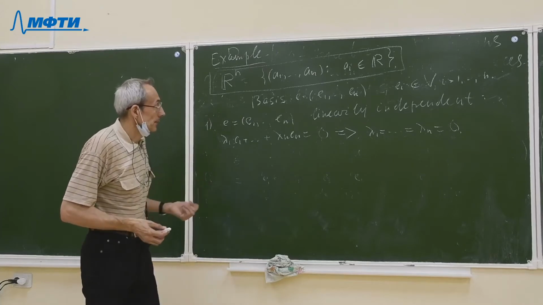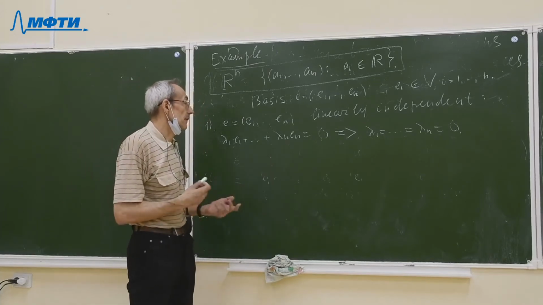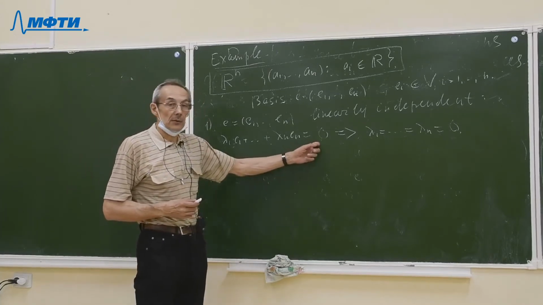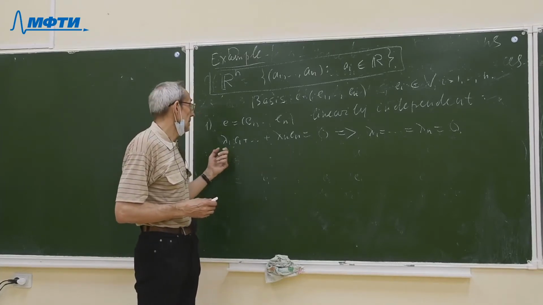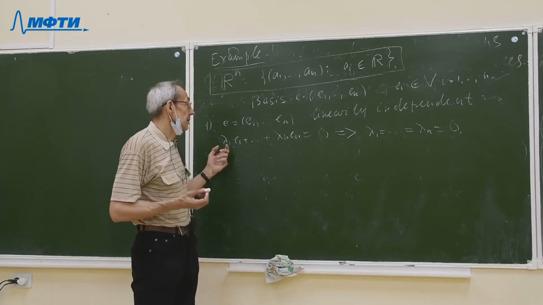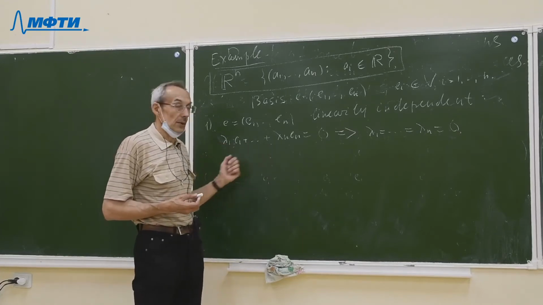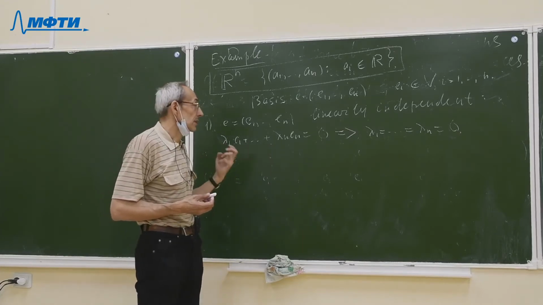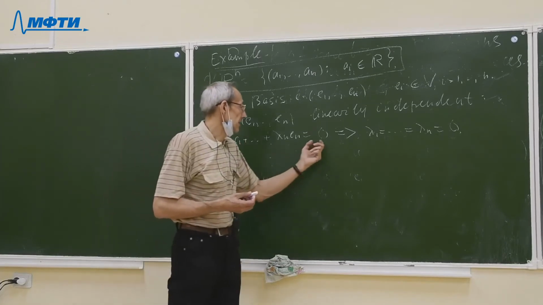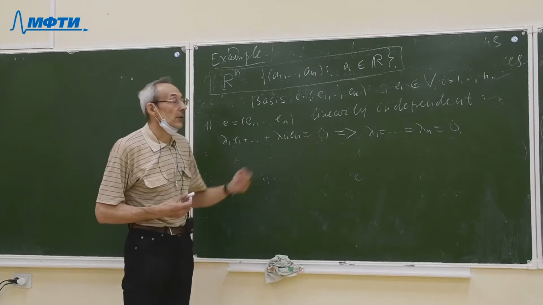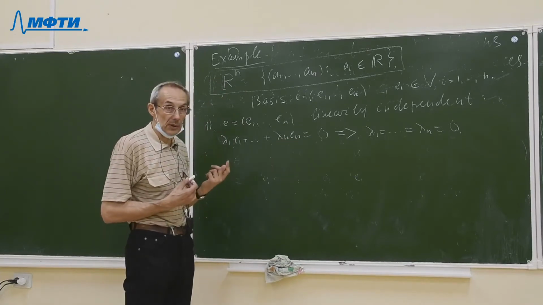This assertion is equivalent to the fact that the 0 vector can be uniquely decomposed, presented as a linear combination of these vectors, in a unique way. The decomposition of the 0 vector is unique.